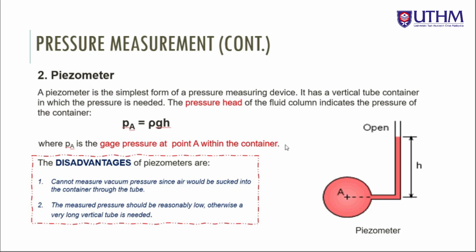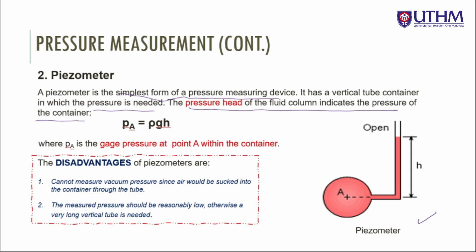Okay, next kita pergi contoh pada piezometer. Piezometer is actually the simplest form of a pressure measuring device. Kalau kita tengok pun bentuk dia simple je. Dia ada container, and then it connected to a vertical tube which is open ended. The pressure head of the fluid column indicates the pressure of the container.